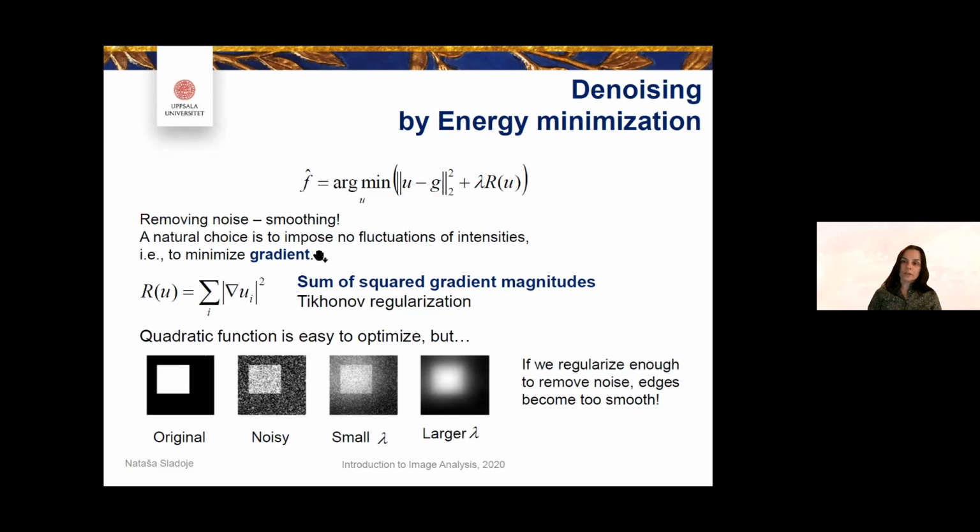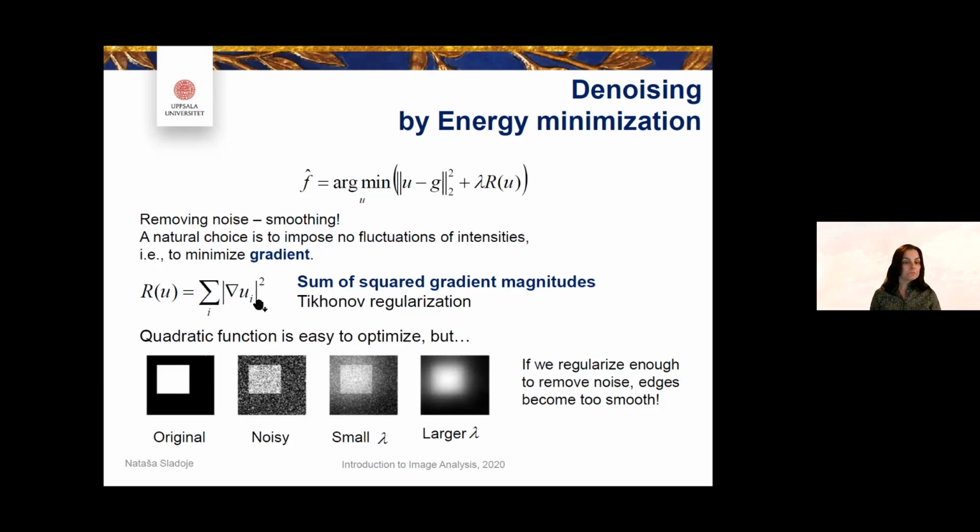We know that the gradient senses changes in our image, and that it has a high response in a noisy image. We remember some of these illustrations. We know essentially that in order to find edges, we first have to smooth our image and remove noise, which would otherwise make the gradient respond strongly. So we want to minimize the gradient.